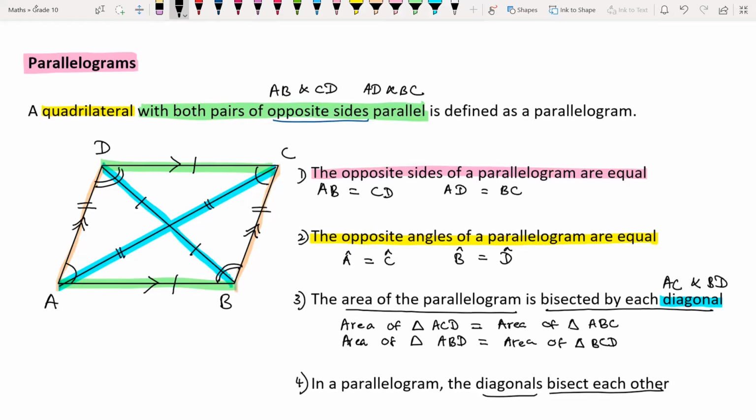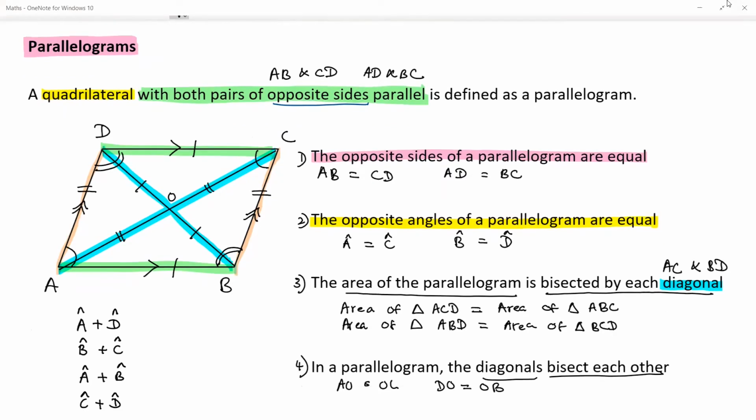So if I write this, let's put O here, the intersection point, the middle. AO equals OC. Also, DO equals OB. So first of all, you need to understand these properties, the properties of a parallelogram.